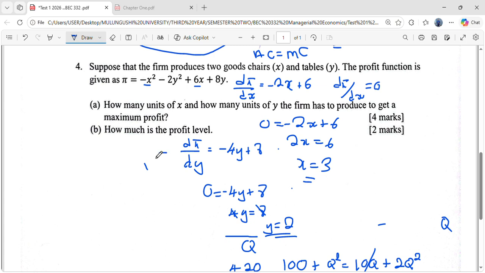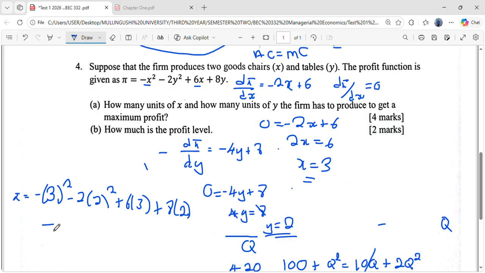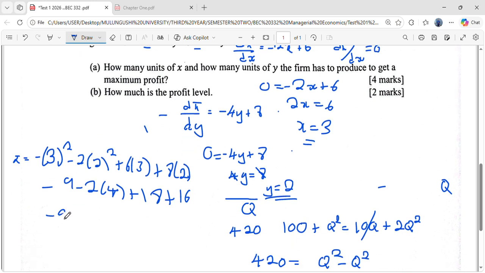So how much is the profit level? Where there is x, we put 3, and where there is y, we put 2. So the x squared term is negative 9, the y squared term is negative 8, then plus 18 and plus 16, which gives us 34.